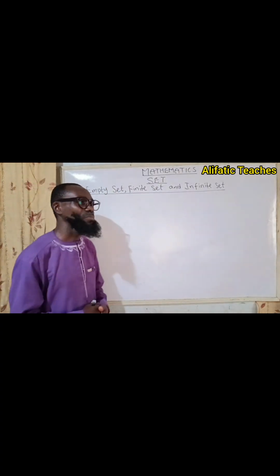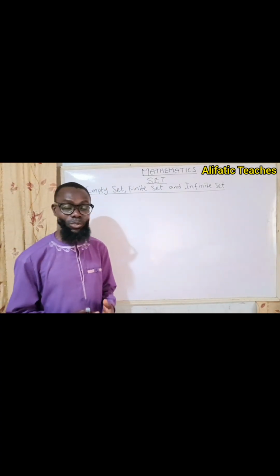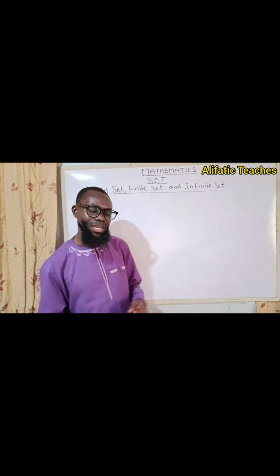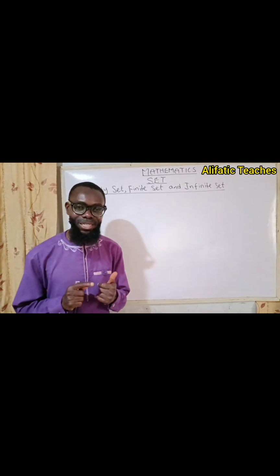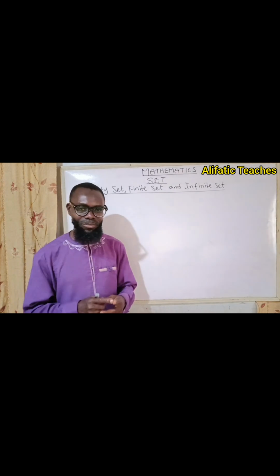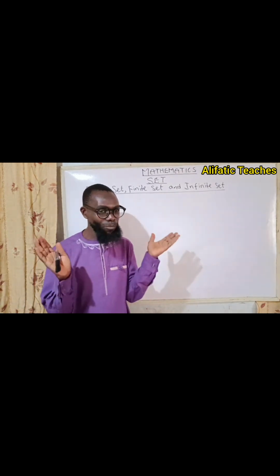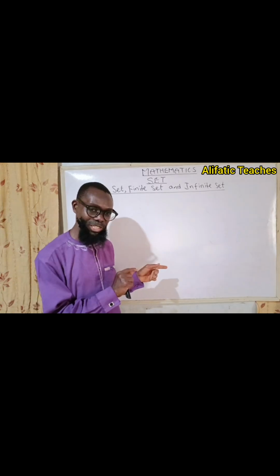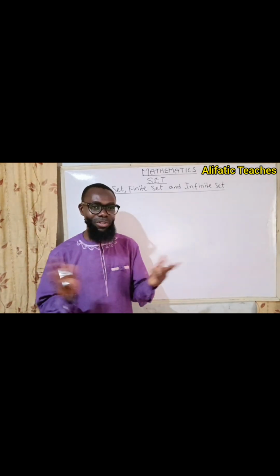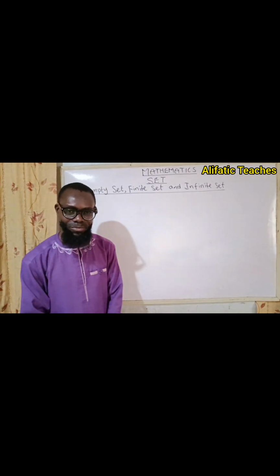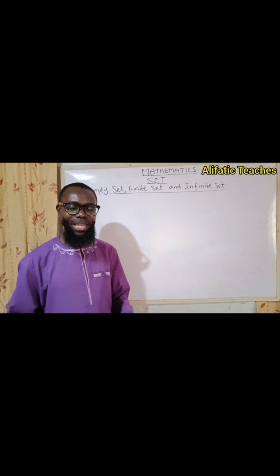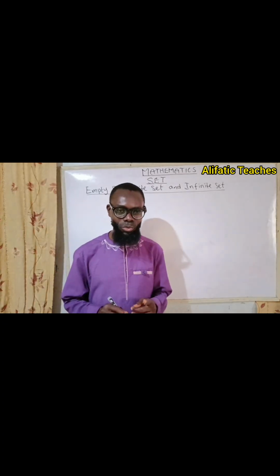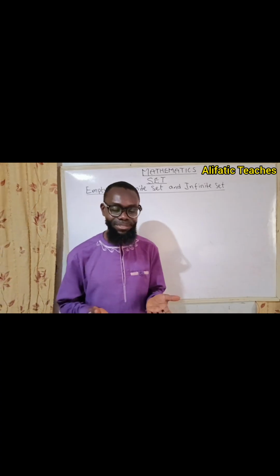What are the examples? An example of an empty set is a secondary school student of age 3. This is someone of 3 years of age and a secondary school student. Definitely it is an empty set. Or we say a rectangle with 5 sides.